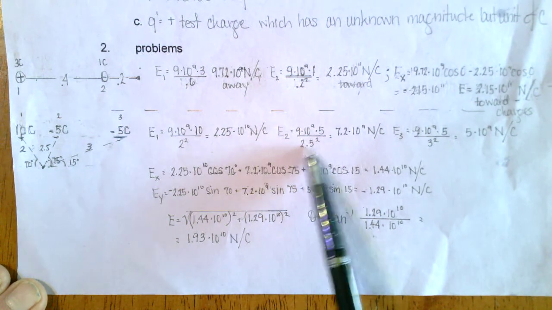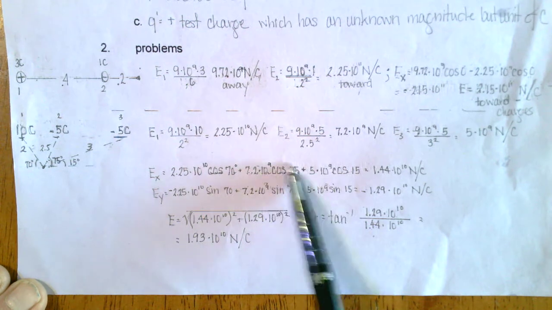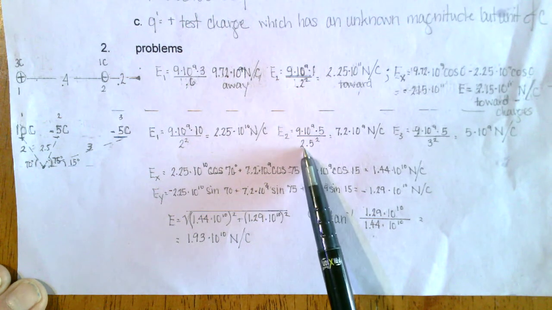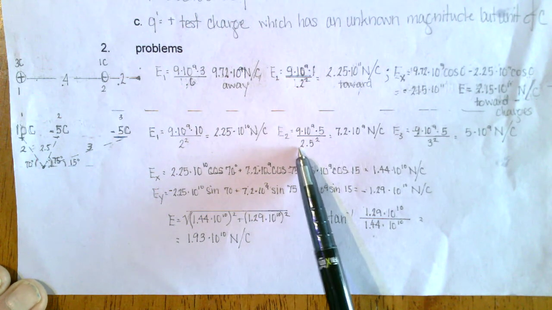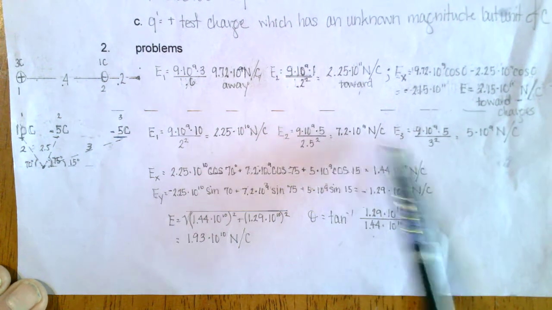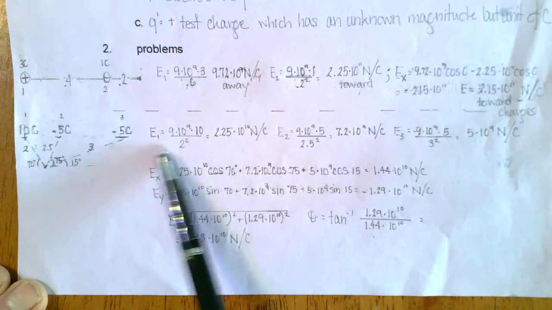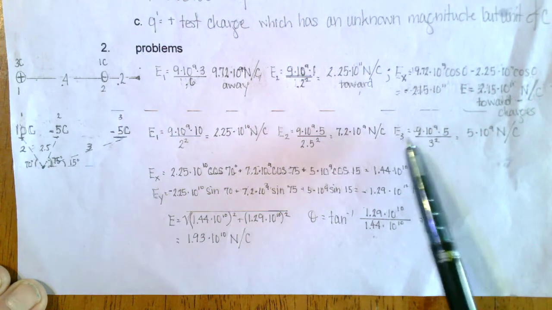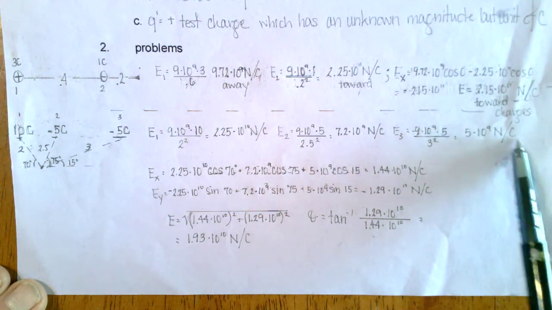This same thing, I don't put the negative in, that's taken care of down here, divided by 2.5 because that's the distance from there. And this is my field caused by just this charge. And this is the field caused by the last charge, going from left to right. That's the magnitude of it.